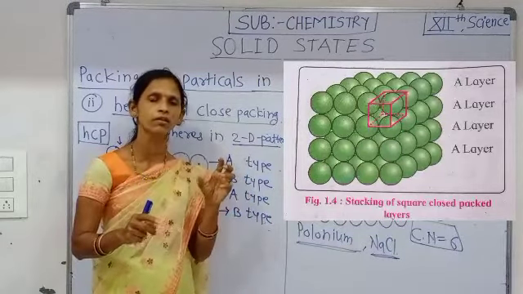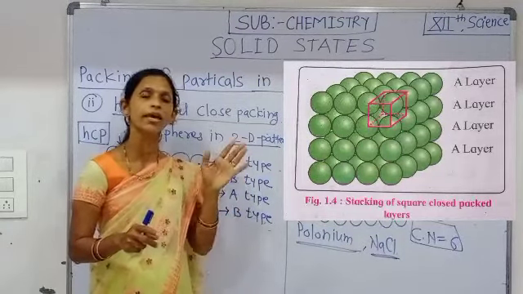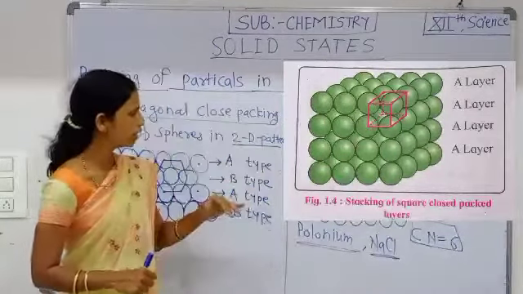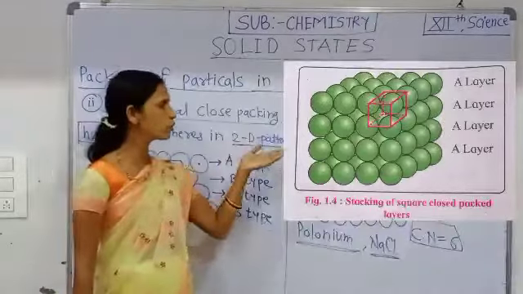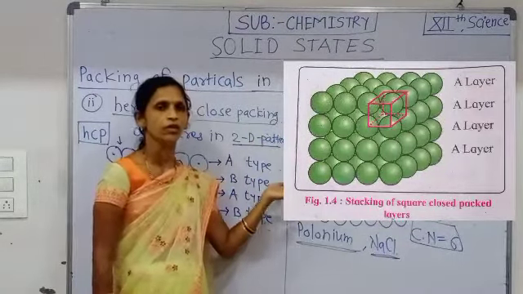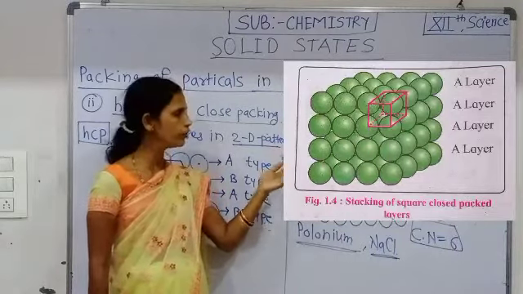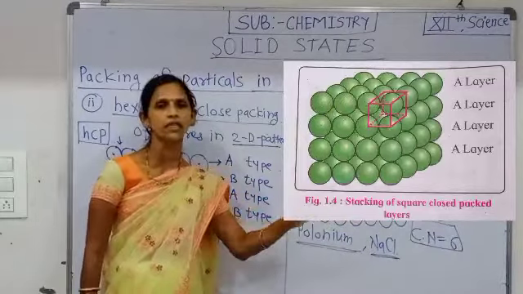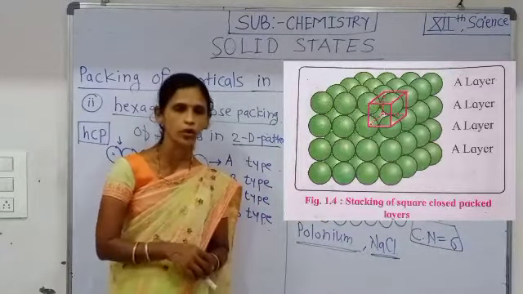And the examples of simple cubic unit cell are polonium as well as NaCl, that is sodium chloride.